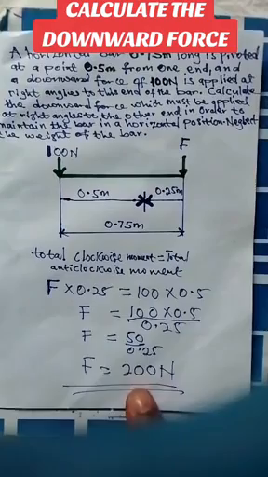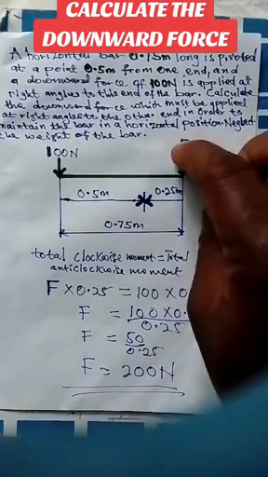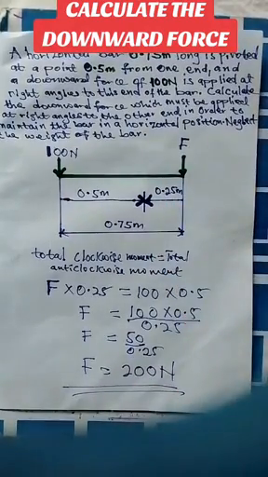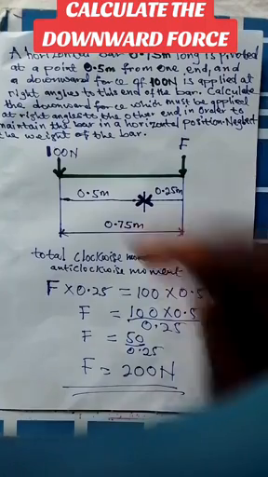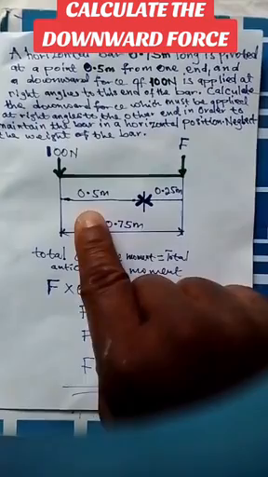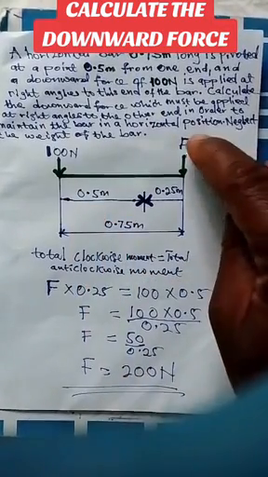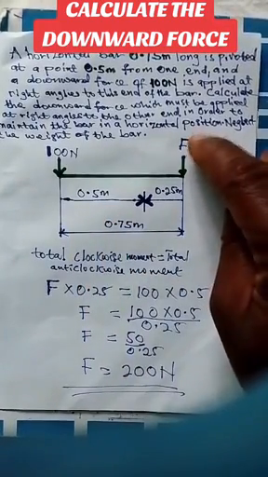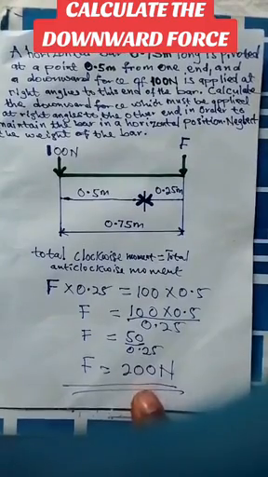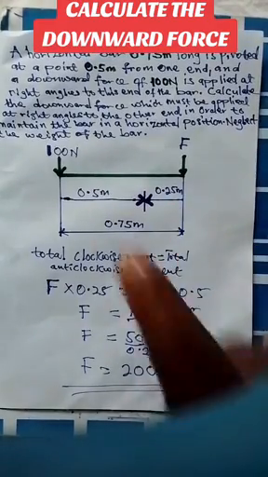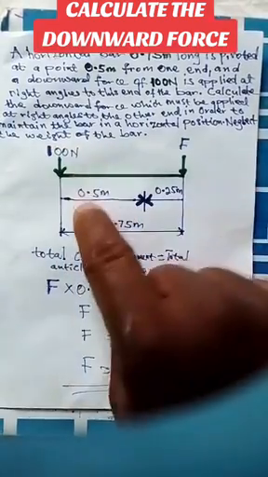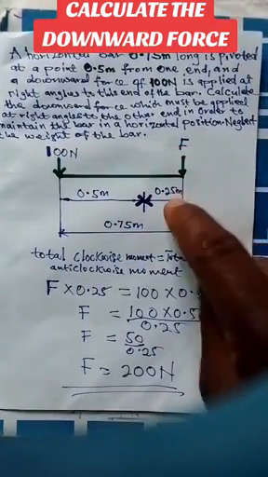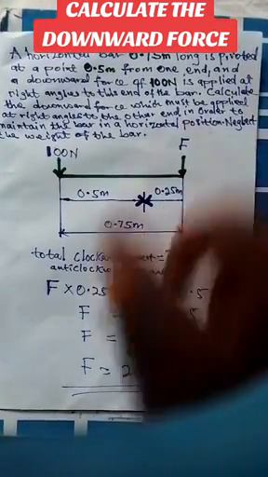When you multiply this force, 200 times 0.25, you can do it with your calculator, you have 50. So 100 times 0.5 is equal to 200 times 0.25. This multiplied by this will be 50, and this one multiplied by this will be 50. So this is how the calculation is done.